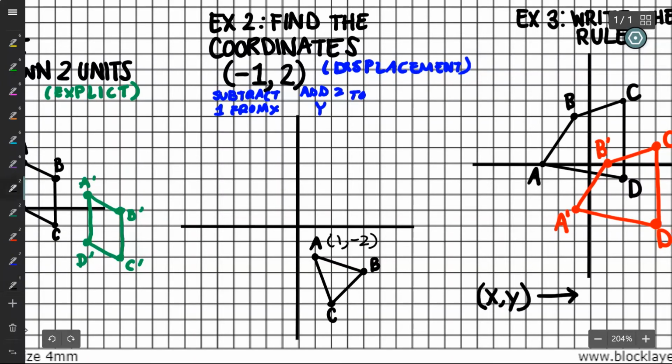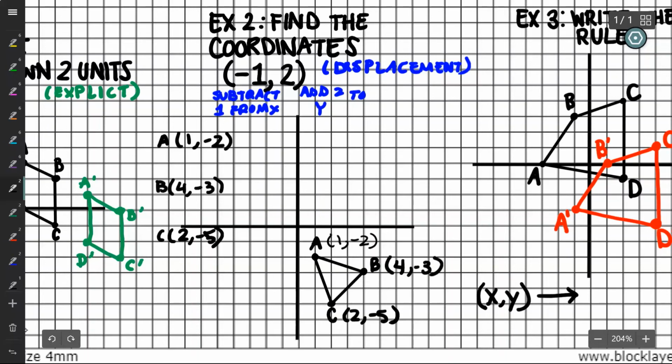And then we're going to write it off to the side here. B is at 1, 2, 3, 4. Negative 1, 2, 3. We're going to write that here. And C is at 2, comma, negative 1, 2, 3, 4, 5. We're going to write that here to the side.